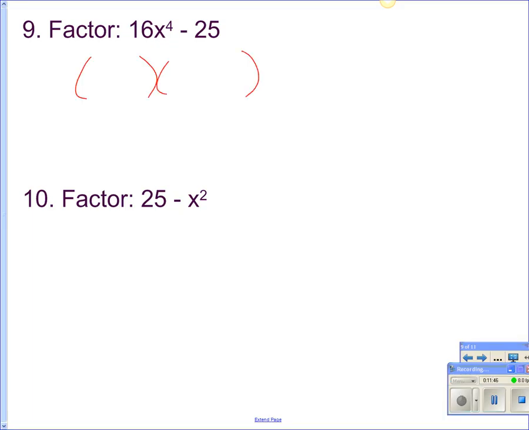Andrea, what else should I put? All right, so that means my signs are going to be different. Good. Dylan, what else should I do? How does 16x to the 4th split? And Chad, how does 25 split?